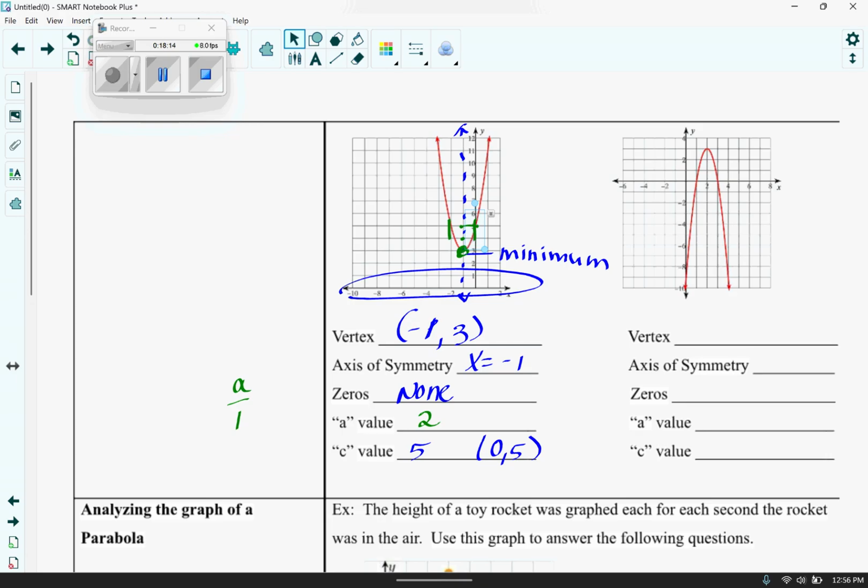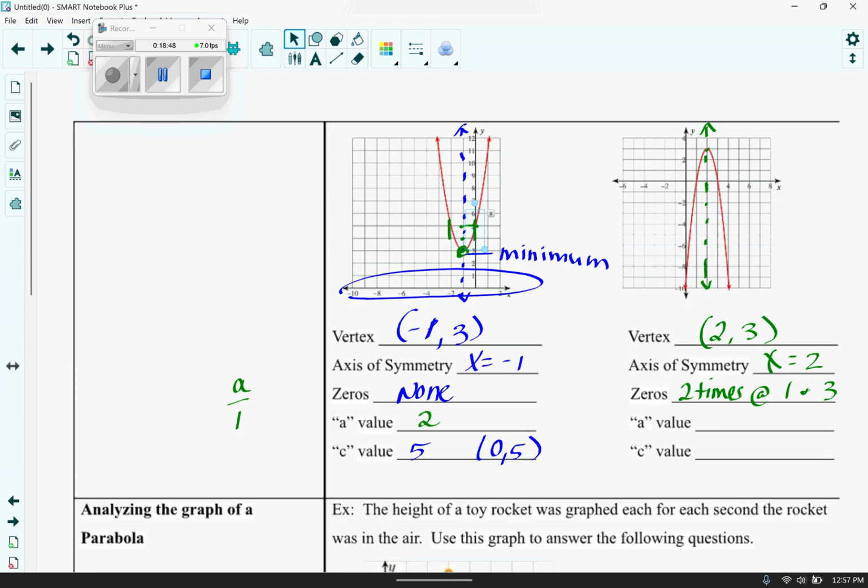Then the next one, I've got a vertex that looks like 2, 3. So x equals 2. That would be my line of symmetry. My zeros, it does look like I hit 2 times, and I would say approximately 1 and 3.